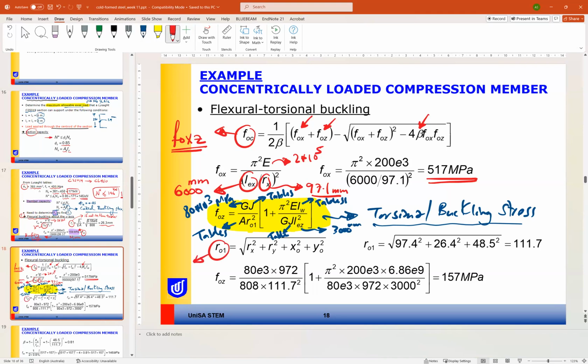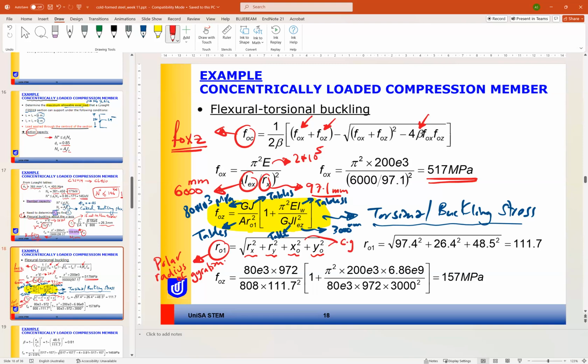RO1 is the polar radius of gyration. If it is not given directly in the tables, for example, of LISAT, you need to use the formula Rx squared plus Ry squared plus XO squared plus YO squared. Rx and Ry are the radii of gyration about X and Y. XO and YO is the location of CG.